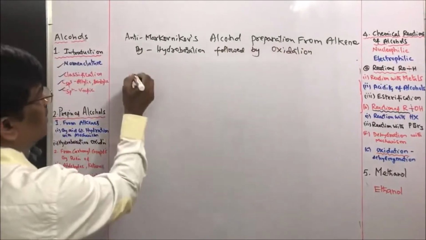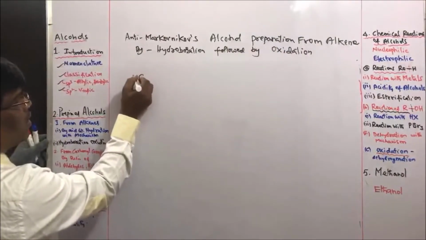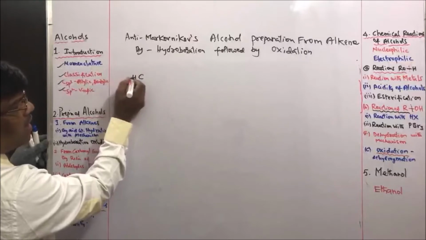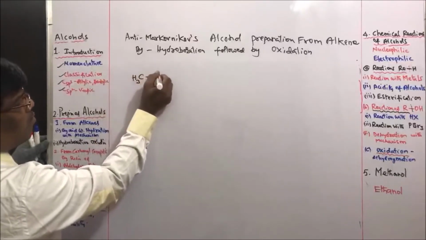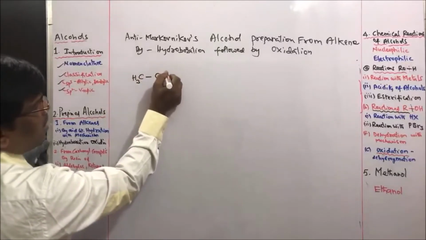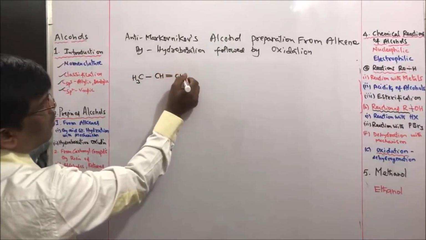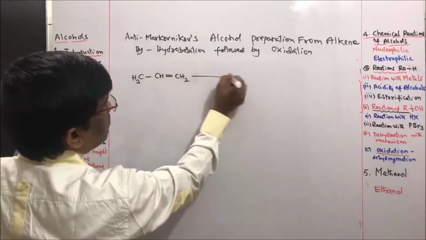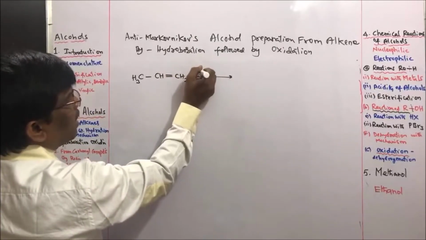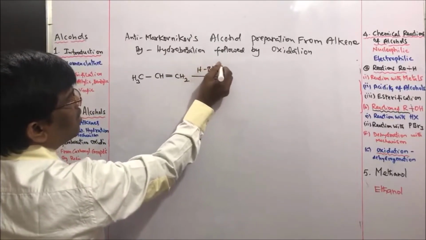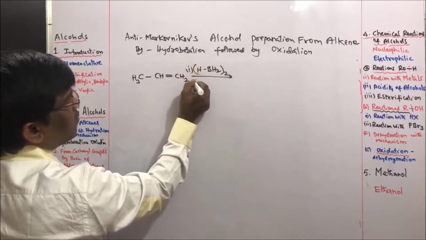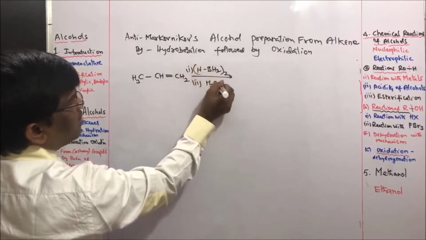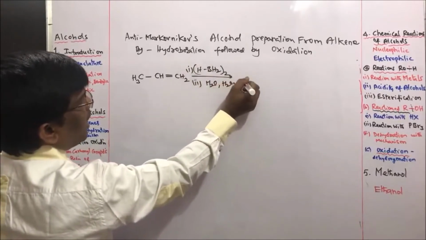Let us take the same propene. Don't worry, students, you can attach any R group here. So let me take the same propene, and this time let us see what we are going to get. The first step is diborane, BH3, and the second step is hydrolysis in the presence of peroxide and base.